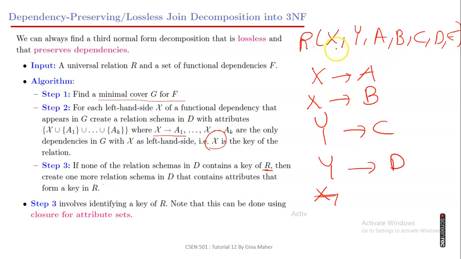Okay, now the primary key is X, Y together, and after making the minimal cover, we will get these sets of functional dependencies.